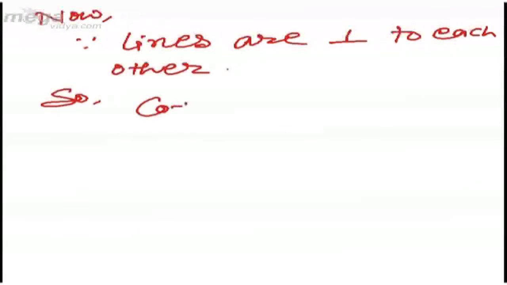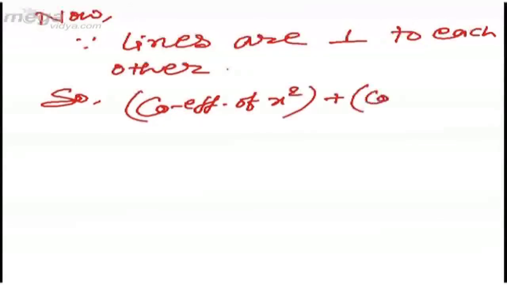Now, since the lines are perpendicular to each other, so coefficient of x square plus coefficient of y square, that is a plus b, equal to 0.